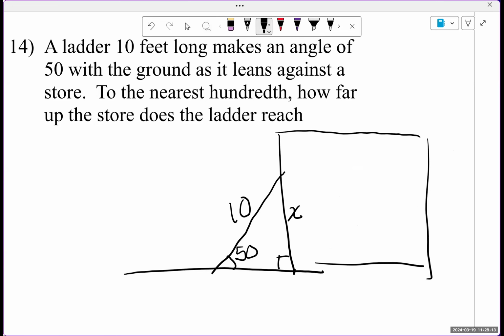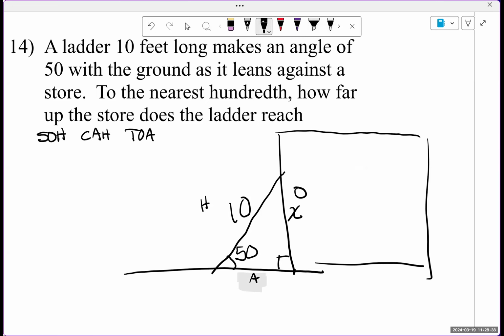So here's my angle. Hypotenuse. The hardest part is drawing the picture. Adjacent, opposite. Doesn't look like we're using adjacent. It looks like we're using opposite and hypotenuse.